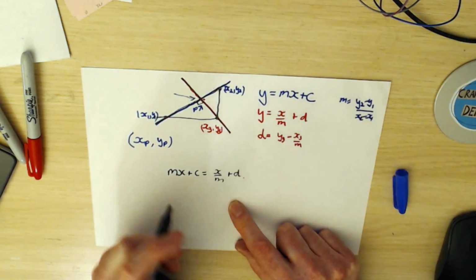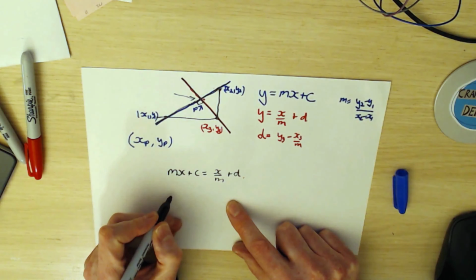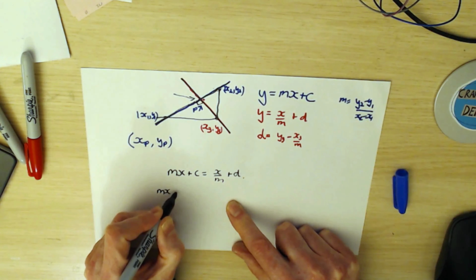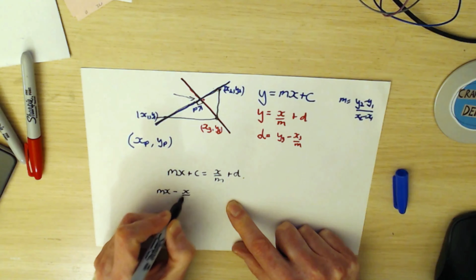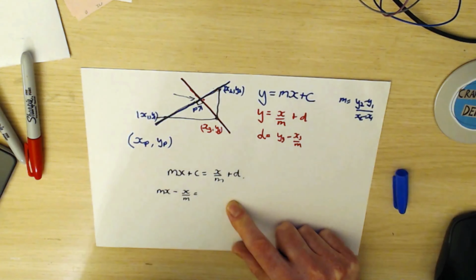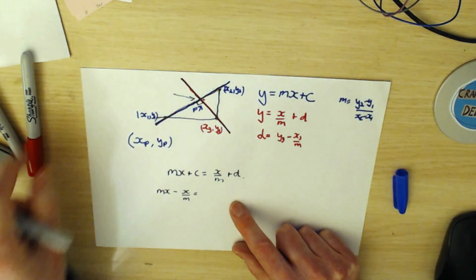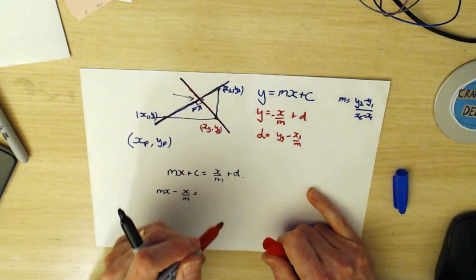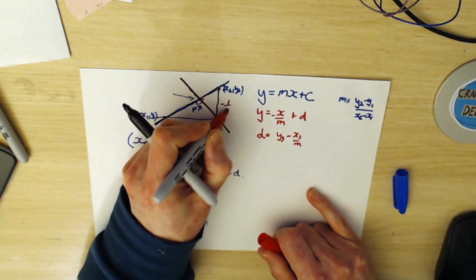M I know. So what I want now is the x value. So mx minus x over m. This is where I went wrong before. The gradient of this line is minus 1 over m.